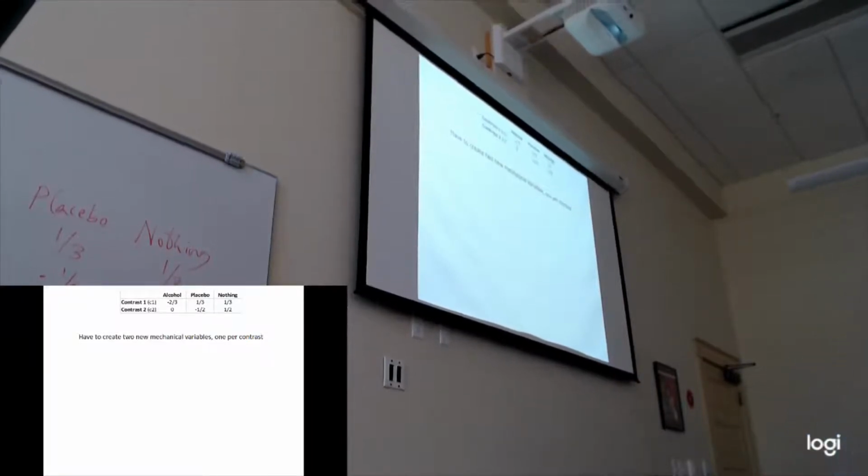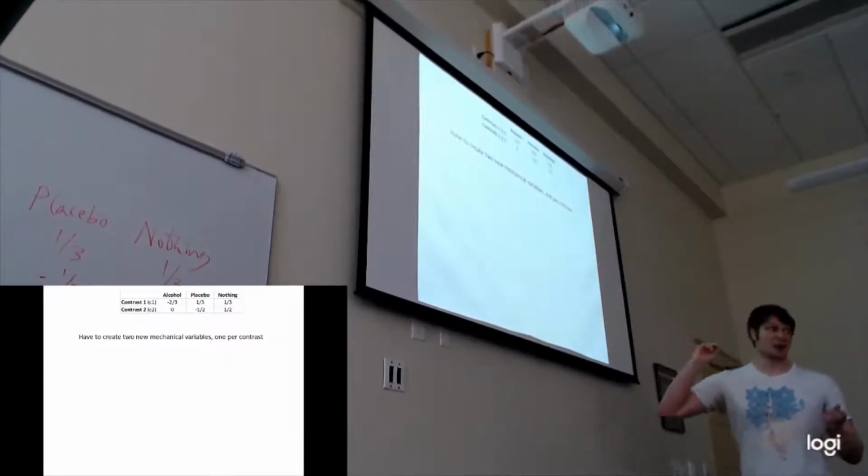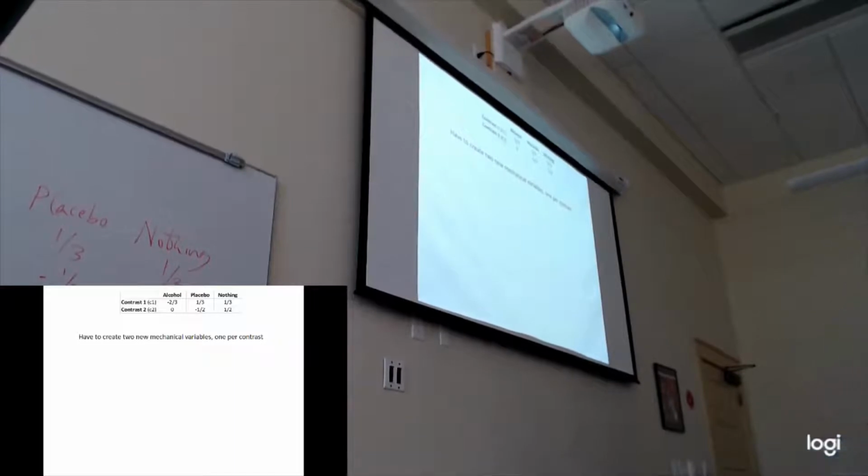So we have 2 mechanical variables representing this one big 3-level categorical variable. When we allow baseline startle to interact with beverage condition, we just create 2 new interaction terms. We literally multiply baseline startle by C1 and create a mechanical variable representing that interaction term.